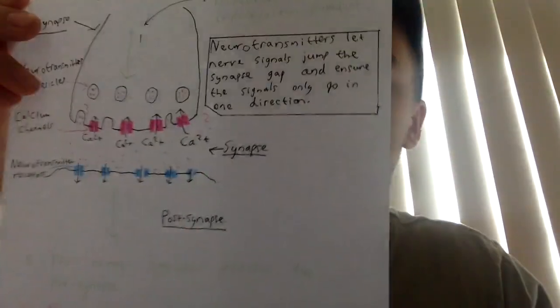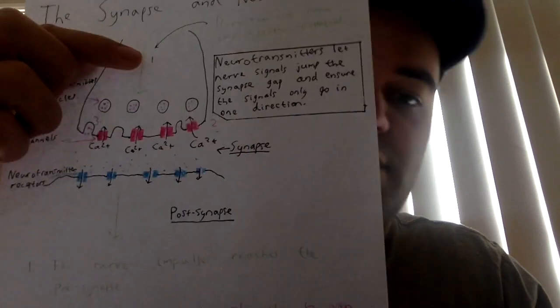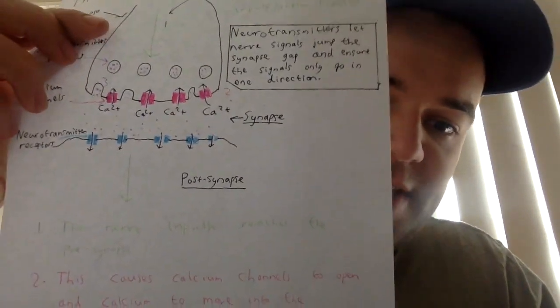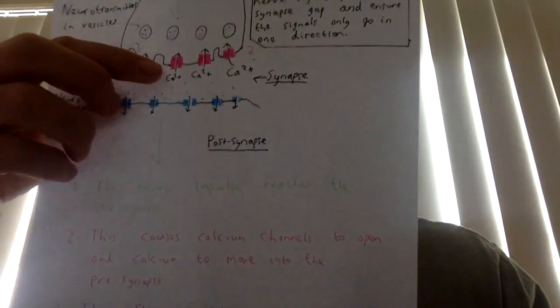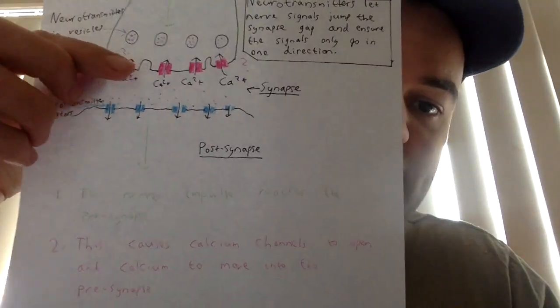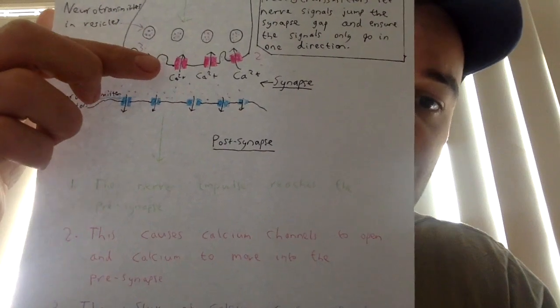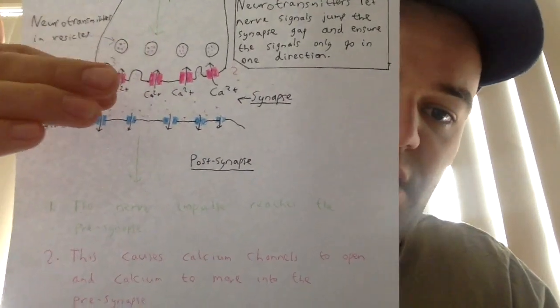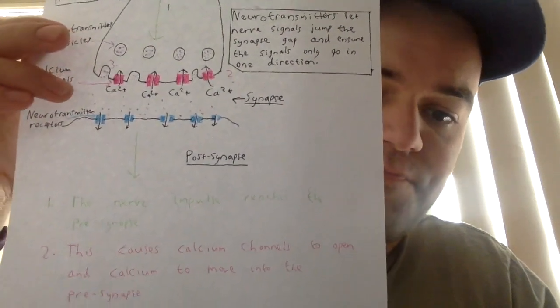So the first thing that happens is there's a nerve impulse coming down here, an electrical signal. That reaches the presynapse, and as it reaches the presynapse, it causes these calcium channels to open. So the nerve impulse comes down, and then calcium channels open on the presynapse.